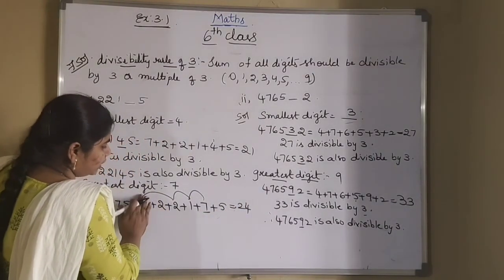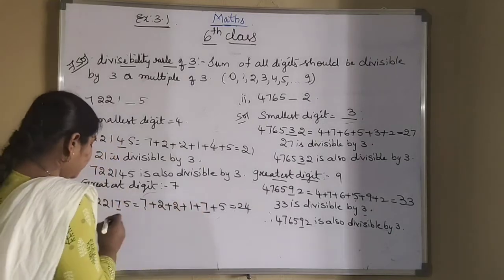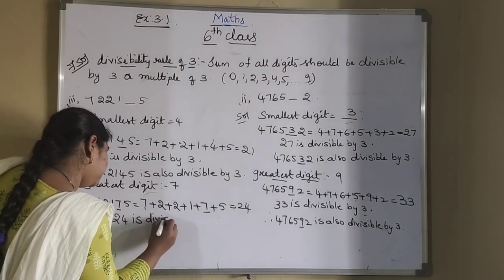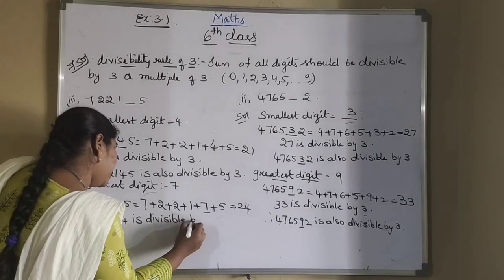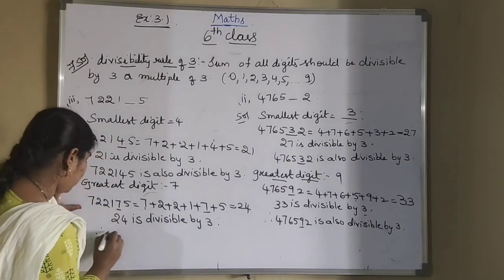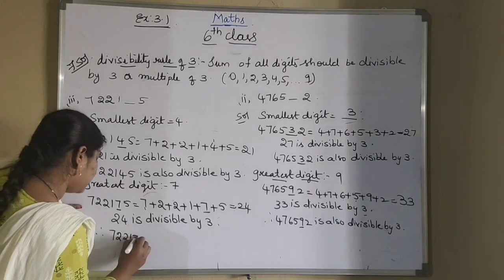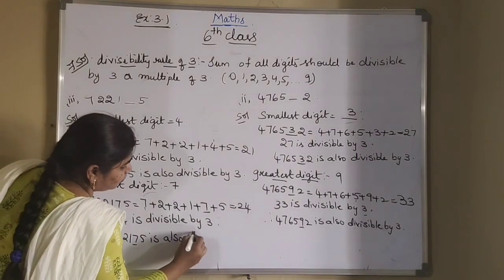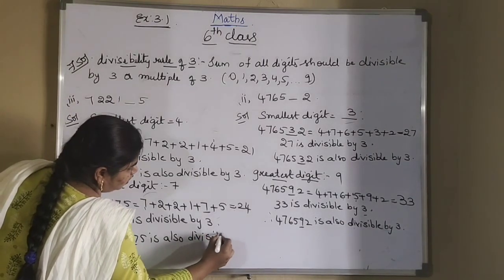So 24 is a multiple of 3, so it will be divisible. 24 is divisible by 3, so therefore 722,175 is also divisible.